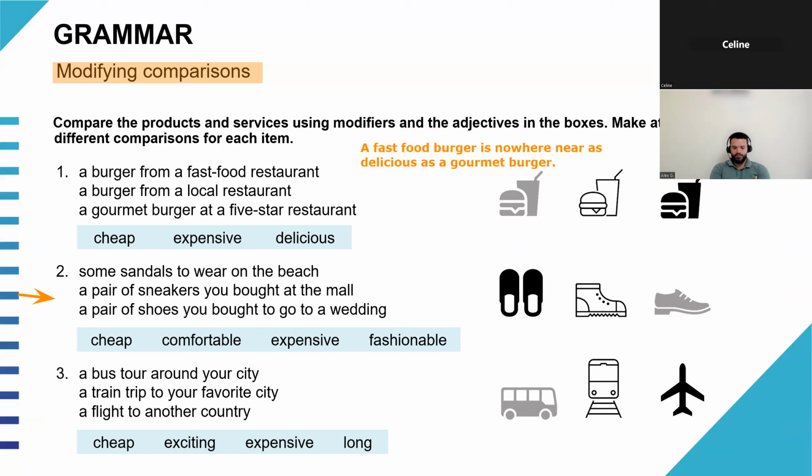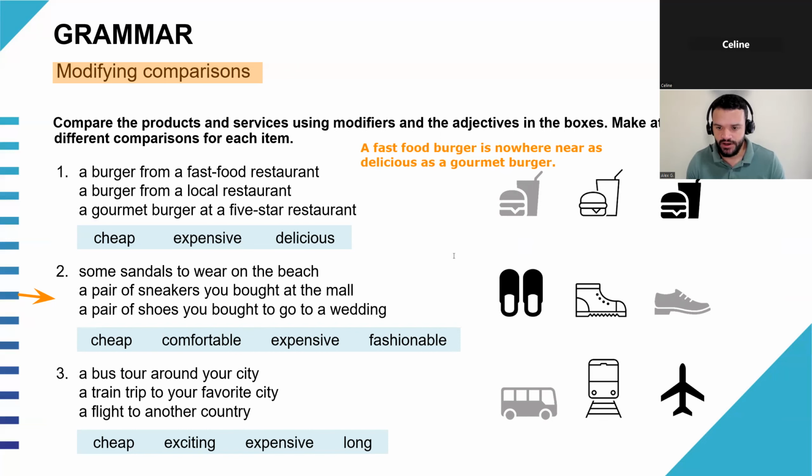Can you think of an example about clothes? Yeah, the sandals is more comfortable than shoes or high heels. Excellent, very good. Remember to use the modifier, okay?